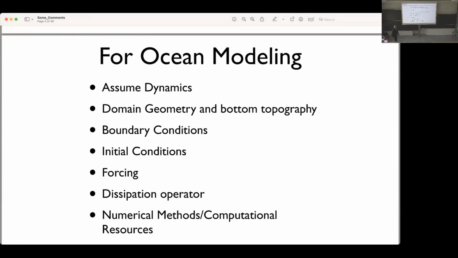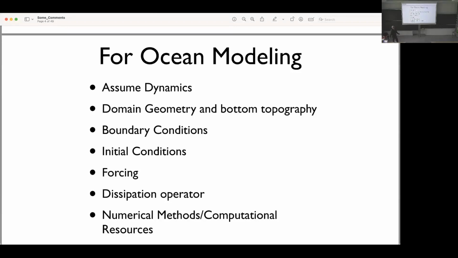So to do ocean modeling, and here we're talking about numerical simulations of ocean circulation, what do we need? We have to assume some dynamics: Navier-Stokes equations, potential vorticity equations, maybe QG dynamics, quasi-geostrophic dynamical equations, simplified shallow water equations. We have to assume some set of dynamics, take a domain geometry and bottom topography.